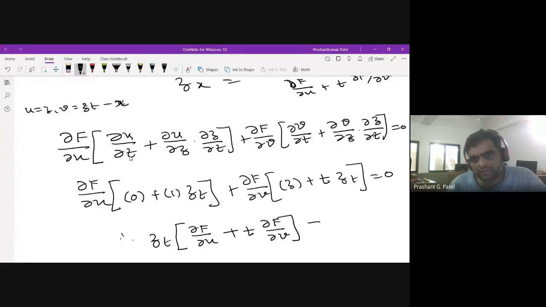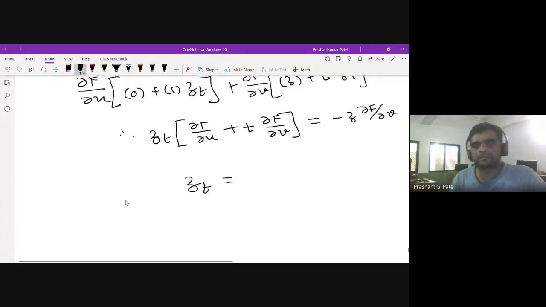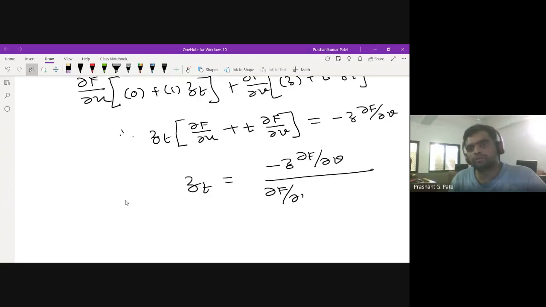Take the other side, that is z into del f upon del v. So finally zt you will have is this: minus z into del f upon del v upon del f upon del u plus t into del f upon del v.